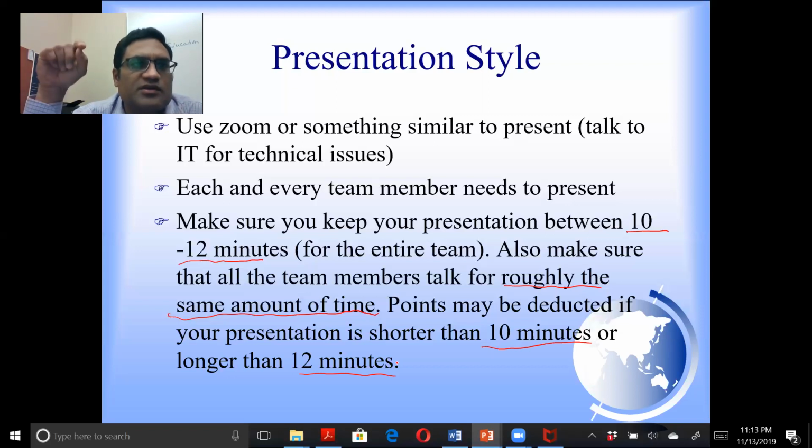If you go under course content, you will be able to see a link for that. And for the presentation, again, it will be under course content, and it will clearly say team project presentation. The other one will say team project paper. So make sure you upload it over there.